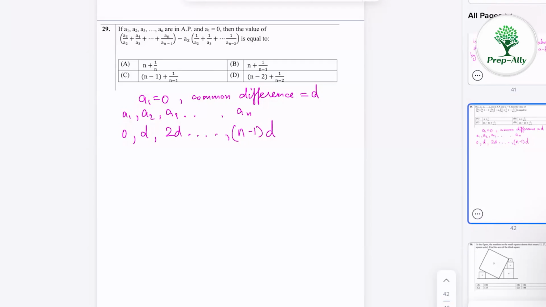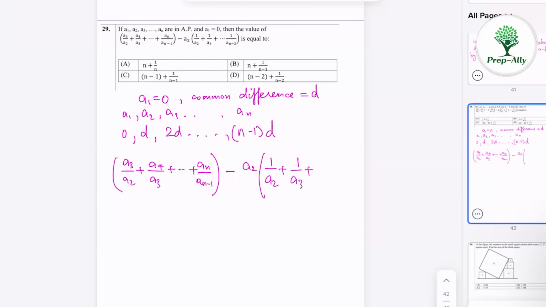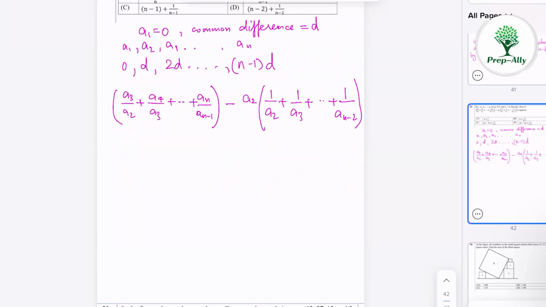So we're asked to find the value of A3 by A2 plus A4 by A3 plus up to AN by AN minus 1, minus A2 into 1 by A2 plus 1 by A3 up to 1 by AN minus 2, right? Now let's group the terms which have the same denominator, right?